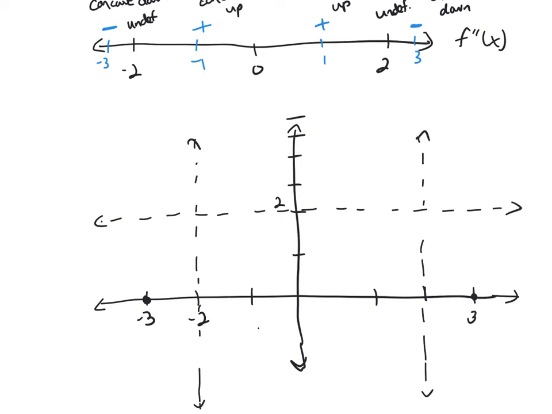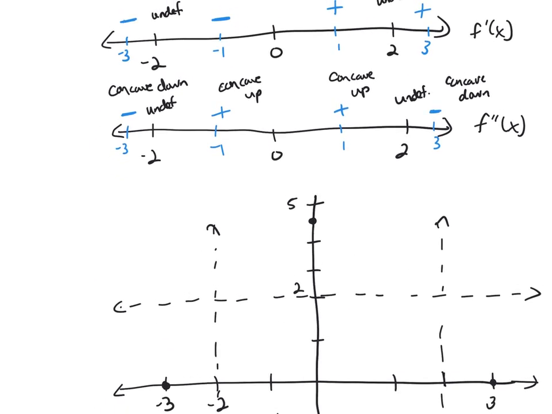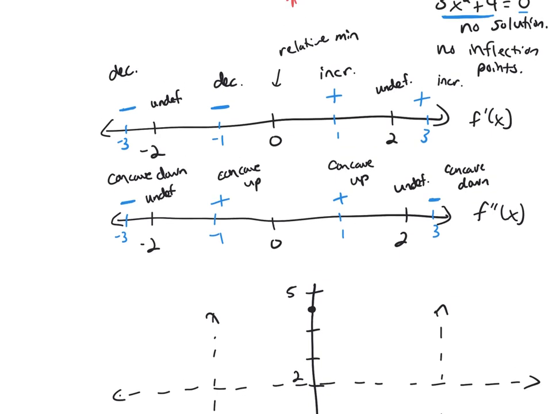4, 5. So let's see. I need to go up a little bit higher here. 3, 4, here's 5. Here we go. Okay, and now we're going to refer to our sign chart to help us fill this out. So to the left of -3, my function is decreasing and concave down.